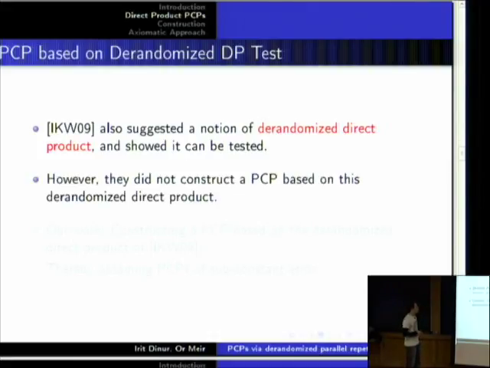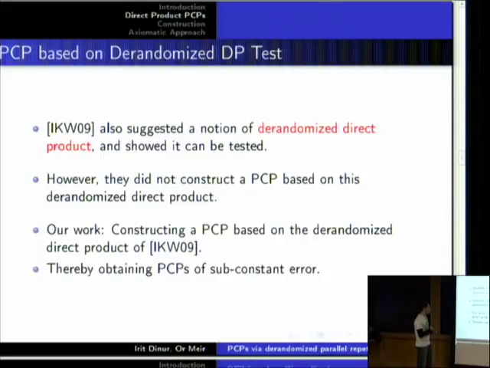But fortunately for us, they were kind enough to leave work for other people, and they did not construct a PCP using this de-randomized direct product. So this is what we do in this work. We construct a PCP based on the derandomized direct product test of IKW, and therefore we obtain PCPs of subconstant error, but with a super polynomial alphabet.